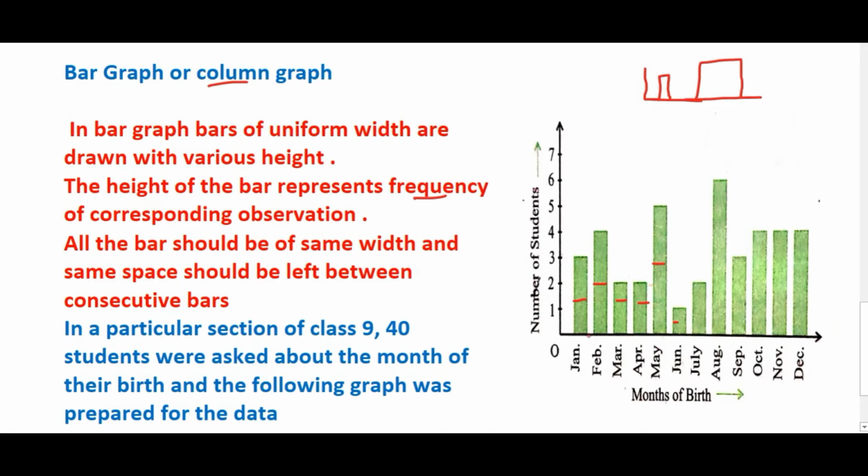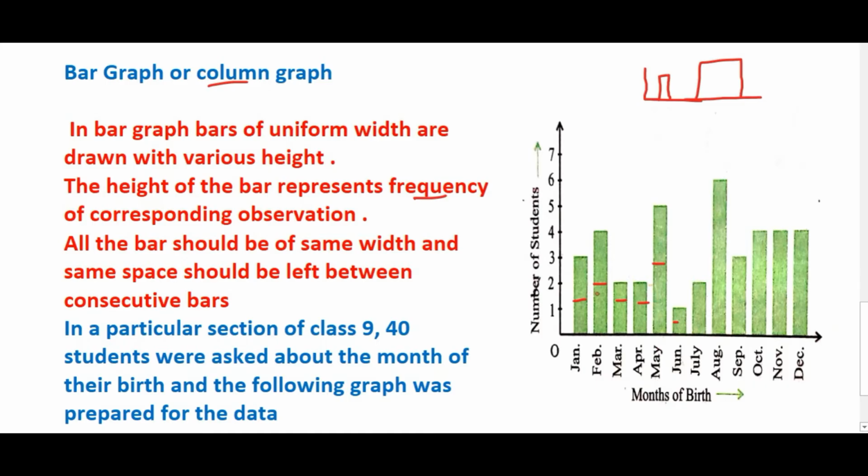And also the same space is left in between these bars. You can see that the same space is there between two consecutive bars, and all the bars are of the same width, but their height will be different. Height will be according to their corresponding frequency.